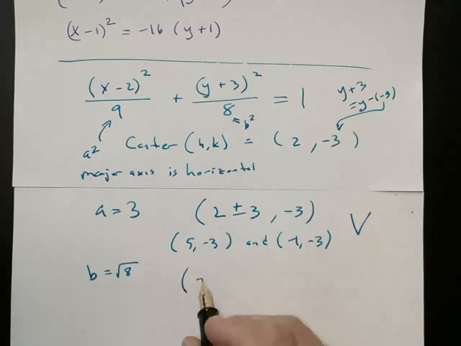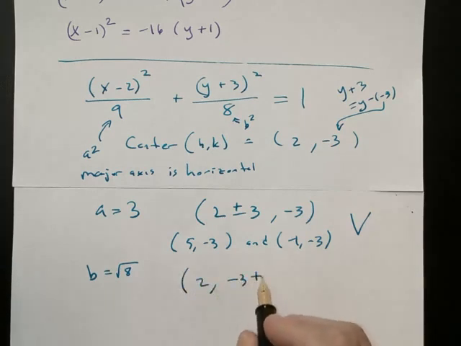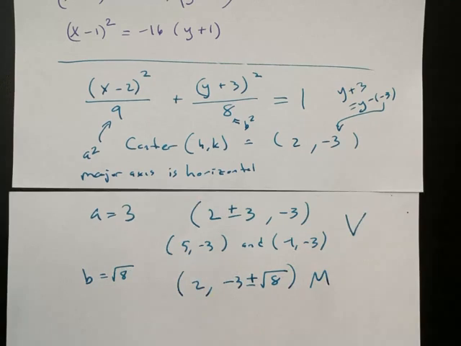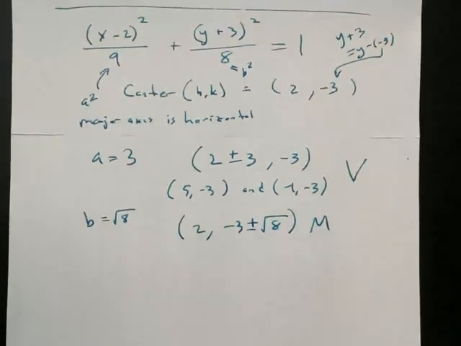So my minor points change the Y value because the minor axis goes up and down. By the way, that's enough to draw me a picture. Because those are where the box is, right? And I fill in the oval inside the box.